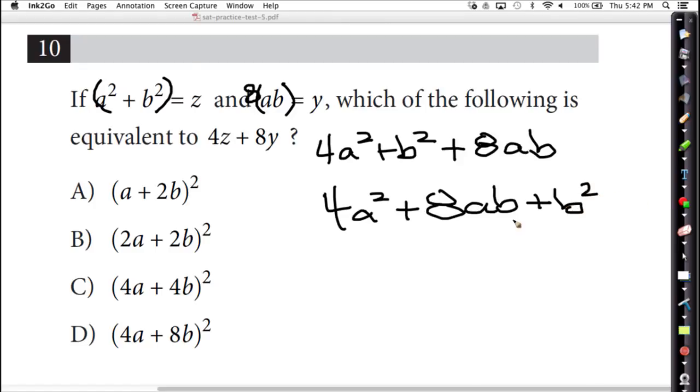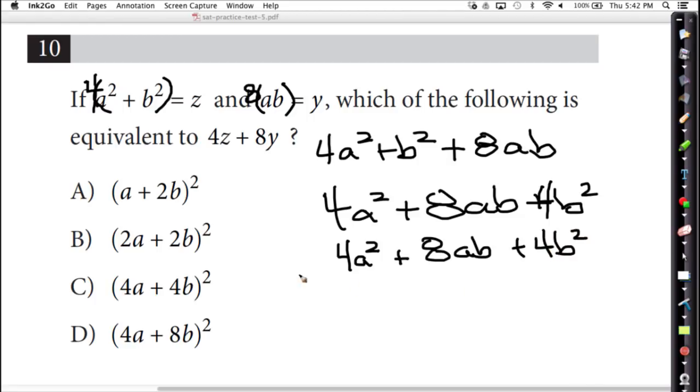So you should be getting something like that, or excuse me, what happened to my 4? There should be a 4 there, sorry. 4b squared, let me write that again. That was 4 times everything. I'm sorry, guys. Let me write it again: 4a squared plus 8ab plus 4b squared.